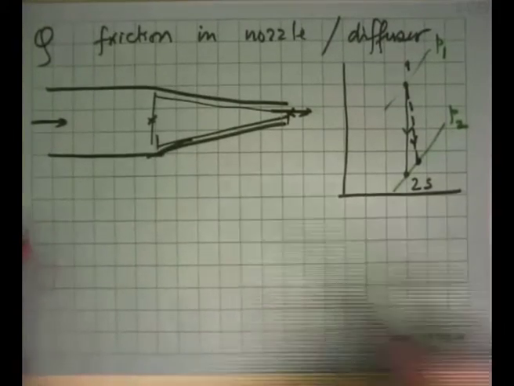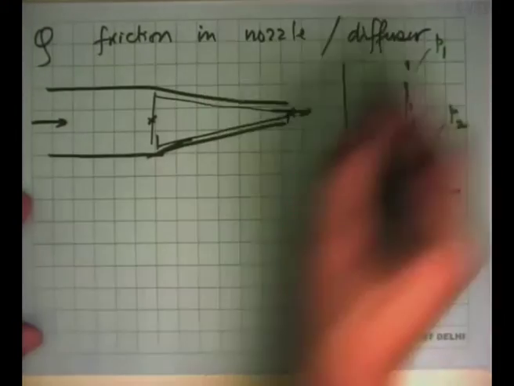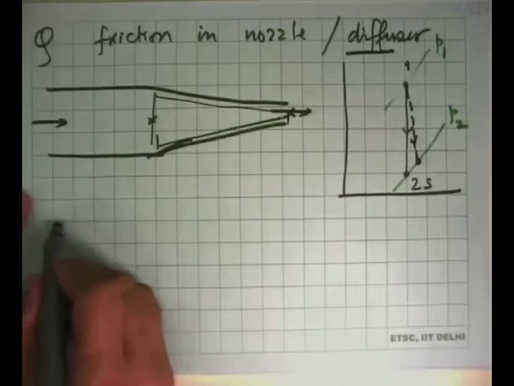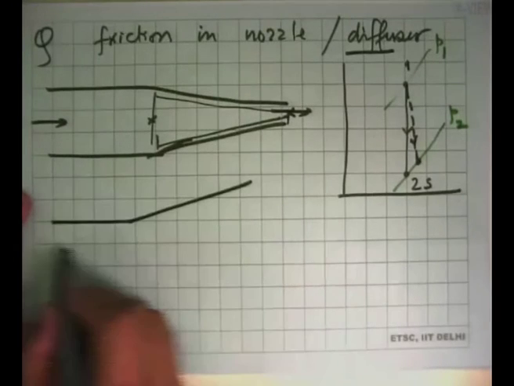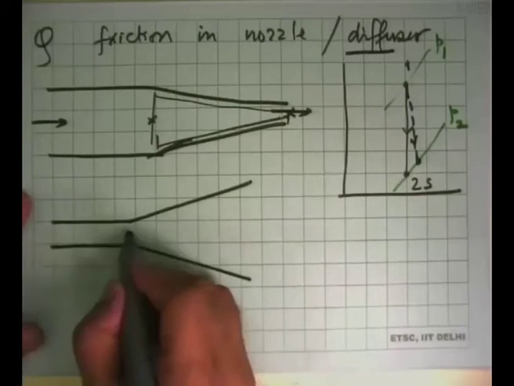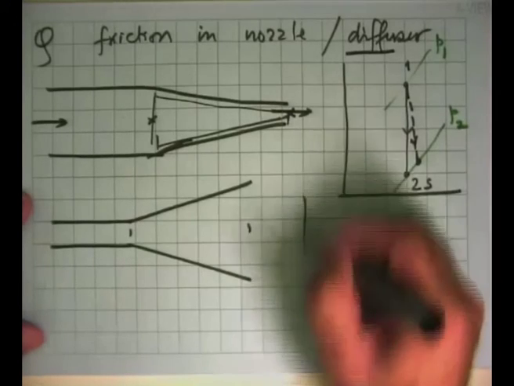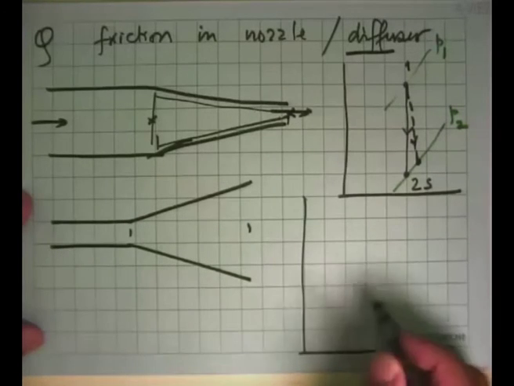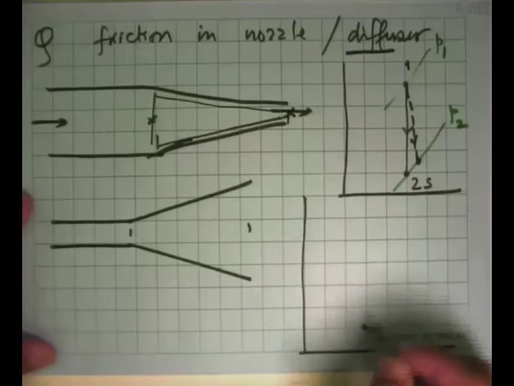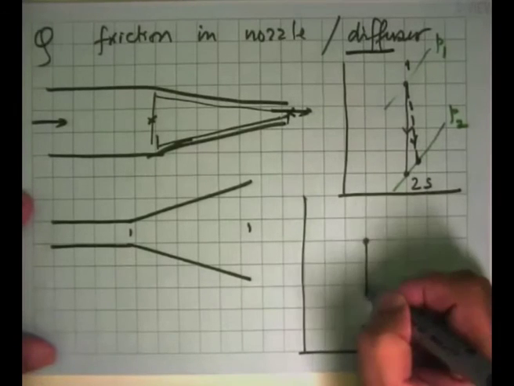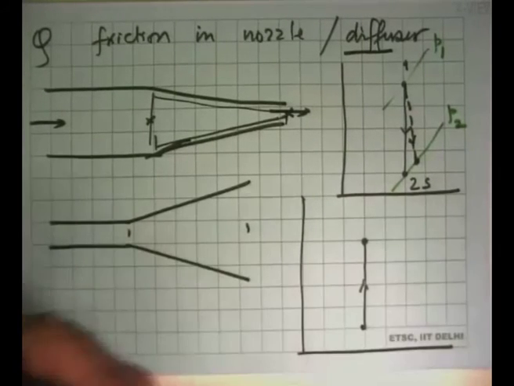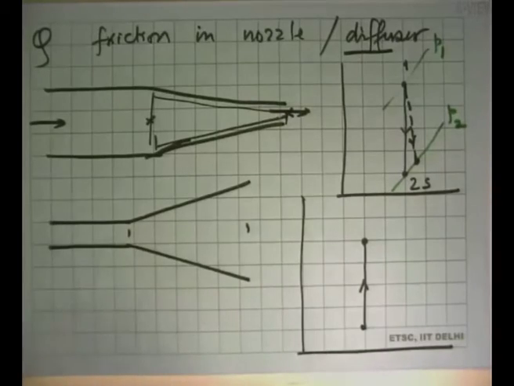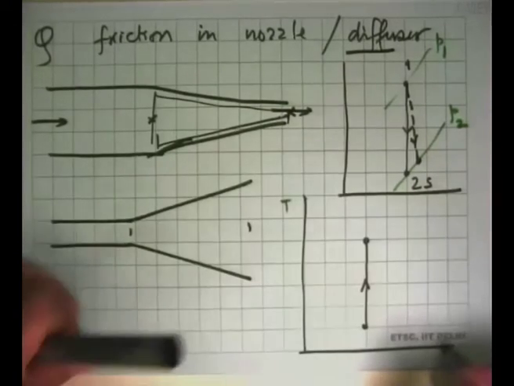Okay, the diffuser does the opposite. So it has increased the area and increased the pressure from here to here. So the initial state was there, it went to that state. So this is T-S.